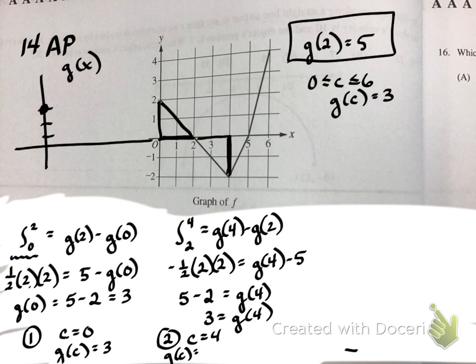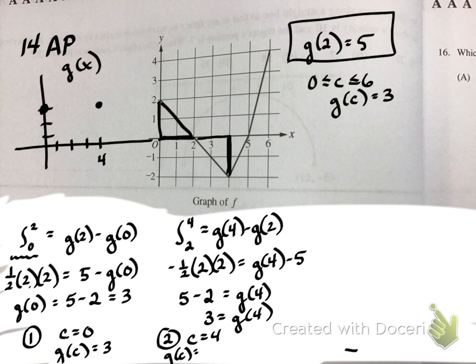And so if I wanted to sketch that before, we would be at 3 again. Well, what's happening is on the f function, this is decreasing. From 0 to 2, let me break that up.